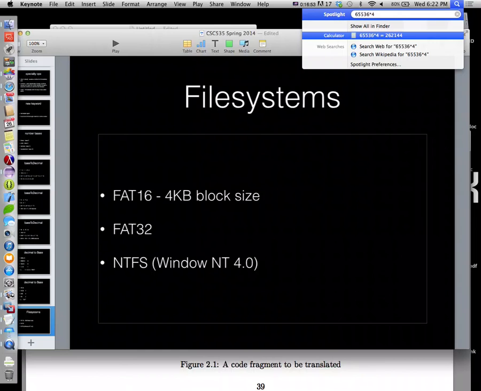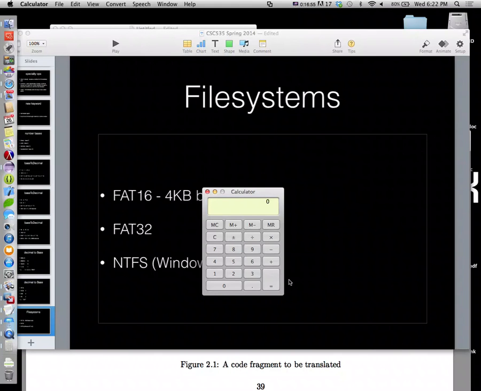Actually, it might have been 8. We'll see. We'll know here pretty quick. 65,535 times 4 is that many kilobytes divided by 1,024. Well, maybe it was bigger than that.